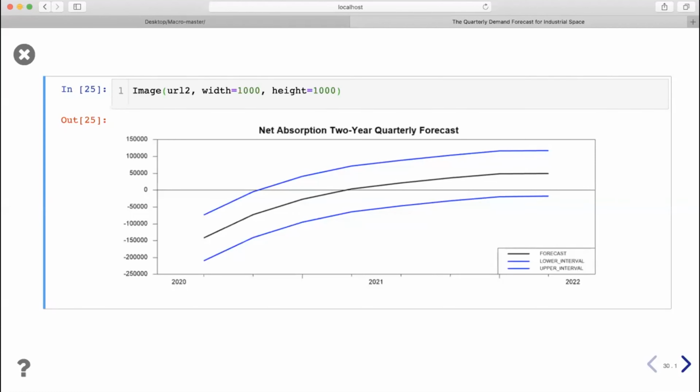Why do I give such a wide confidence interval relative to a standard I would teach in class? Because of the current state of uncertainty. The way I feel comfortable reflecting that uncertainty in a forecast like this is to use larger confidence intervals than I traditionally would teach in class.